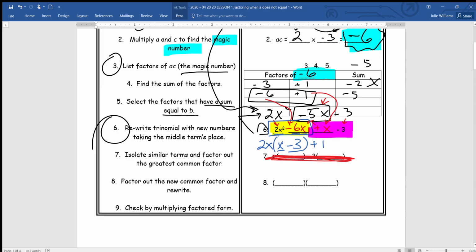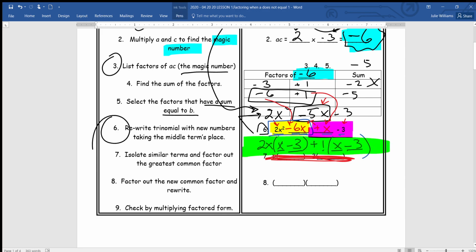You wouldn't technically have to write it, but I'm going to encourage you to write it right now, and I think you'll see why in a moment. Then you think 1 times what is x? It's x. 1 times what is negative 3? It's negative 3. Okay, so now I have this long, let's see, get a different one. Let's get green.